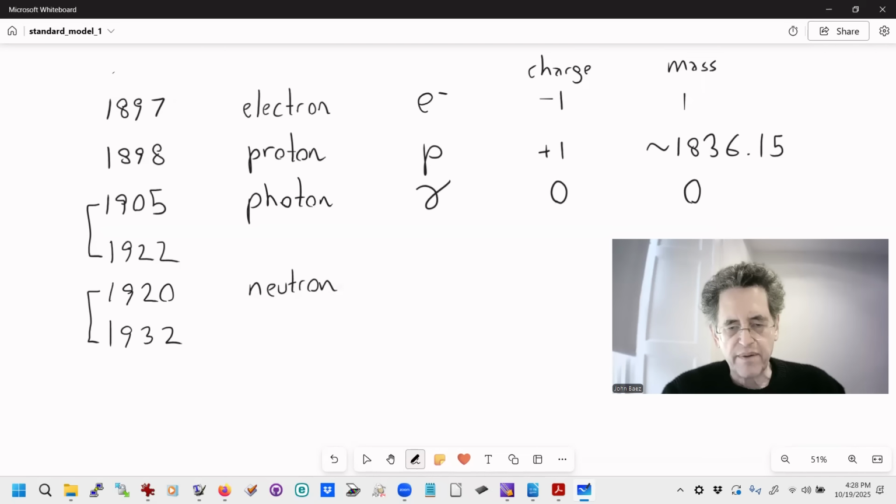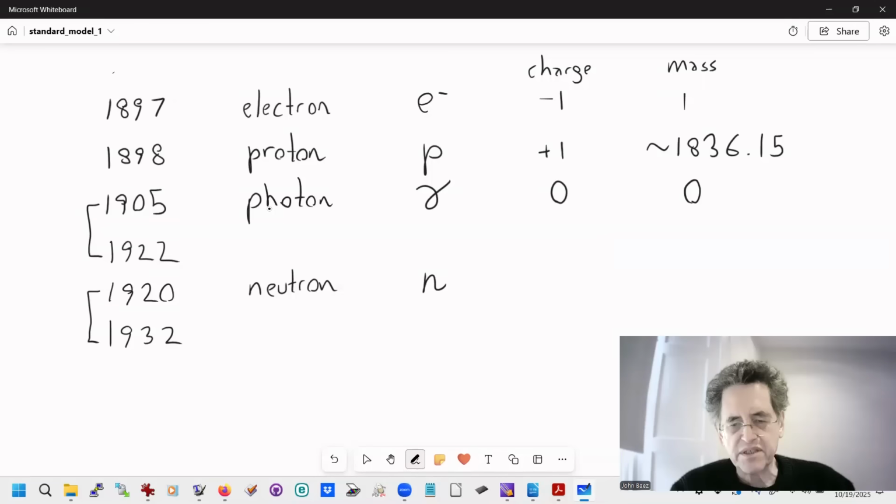As we'll see, a neutron by itself doesn't last forever, so you don't just find them sitting around in nature. A neutron, as the name suggests, is electrically neutral, so it has charge 0. And as I said, it has mass pretty close to that of the proton, but suspiciously slightly different, 1,838 point something, approximately 0.68, times the mass of the electron.